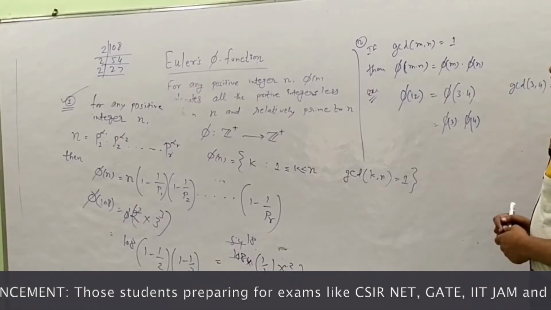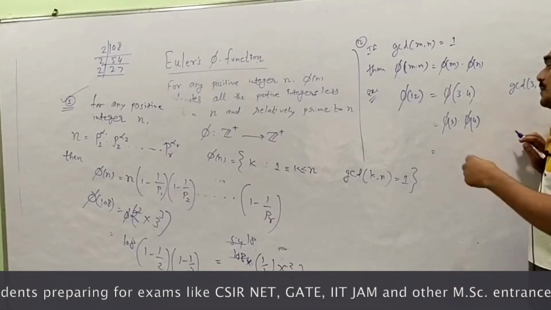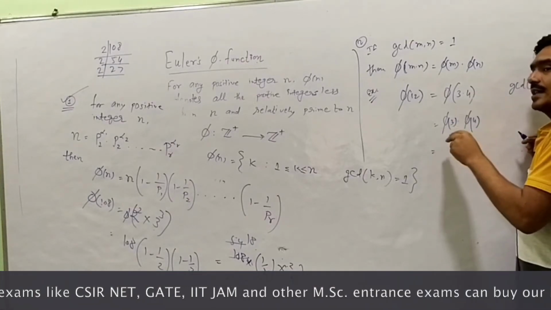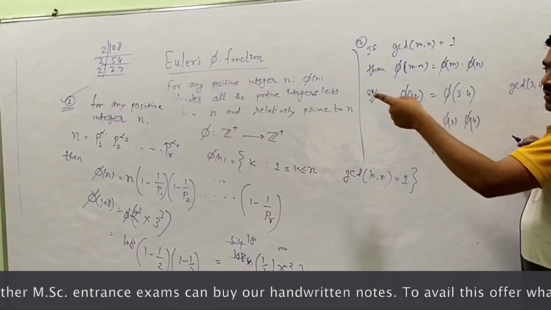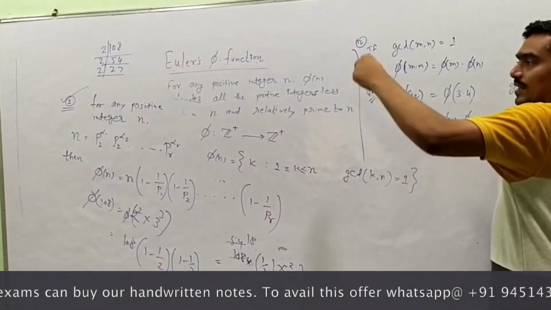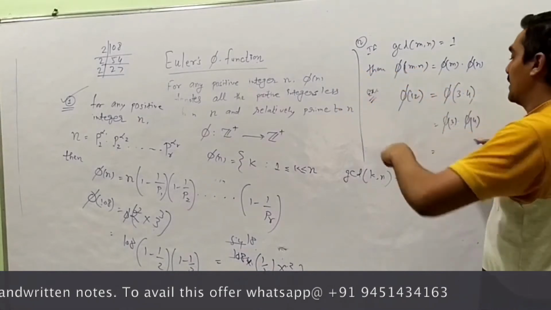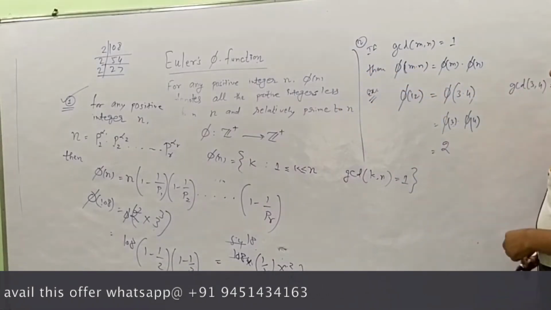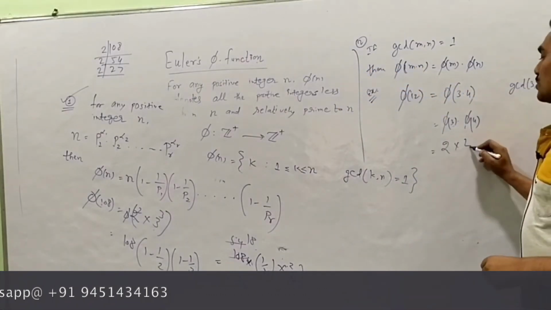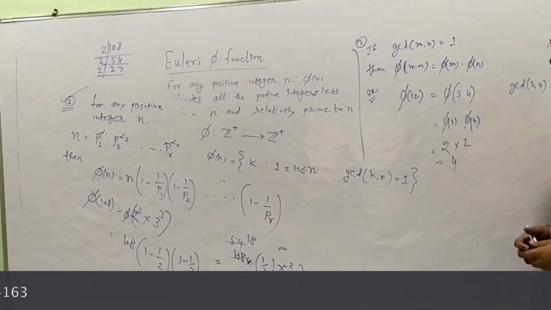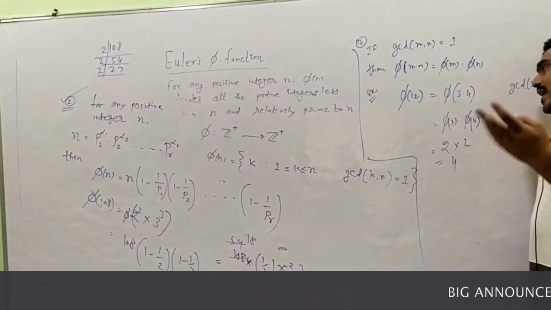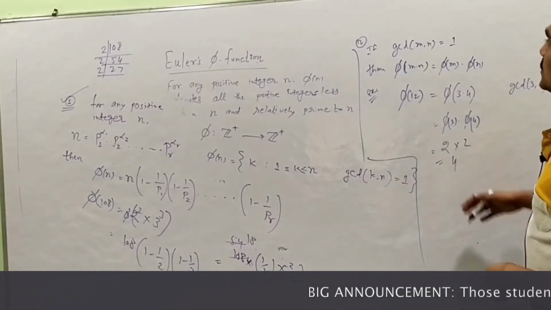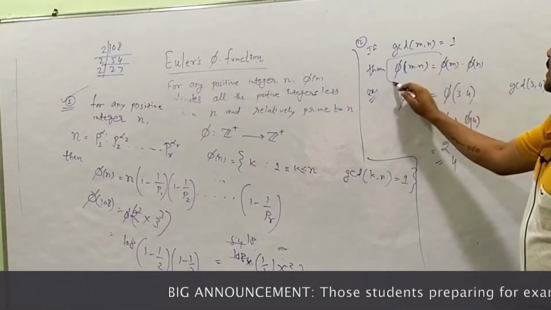Now, how many positive integers less than 3 are relatively prime to 3? We saw earlier that phi 3 is equal to 2, and phi 4 is also 2, so the product is 4. Try other examples to apply this formula.